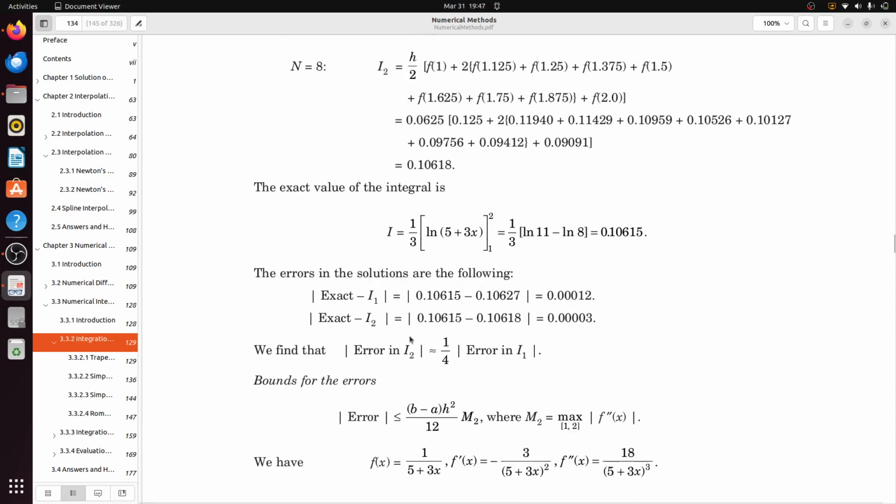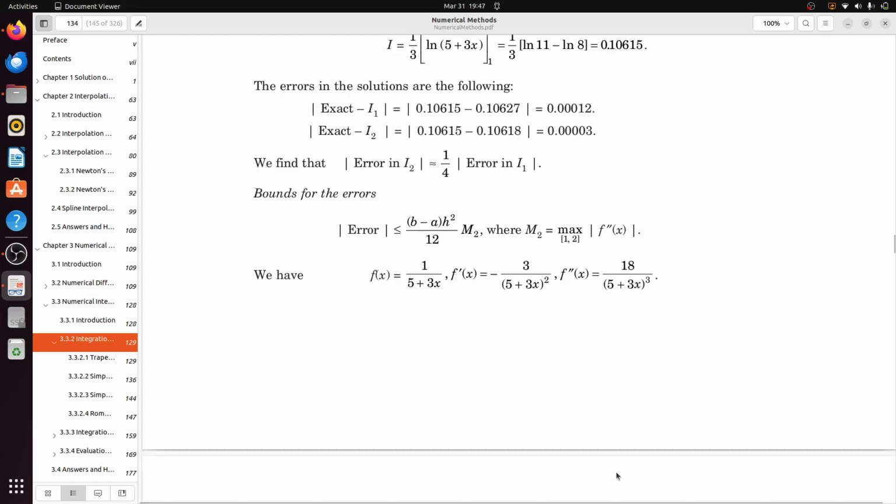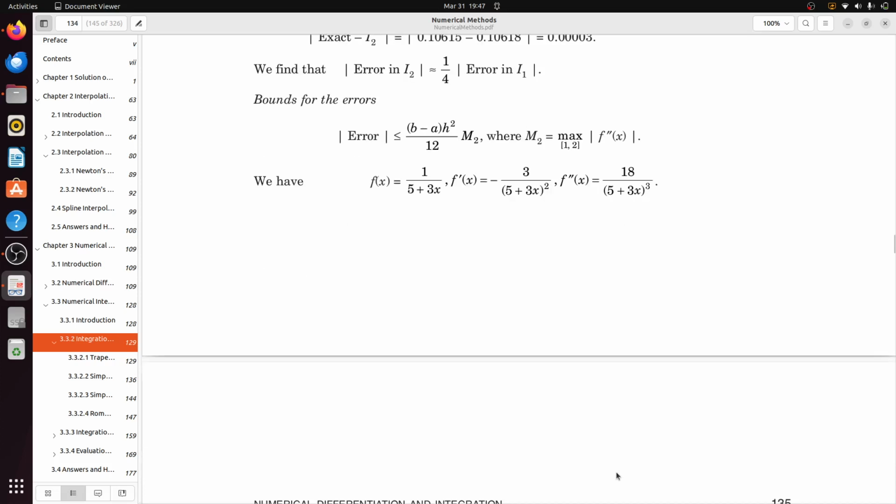Now the error bound will be b minus a into h square divided by 12 into M2, where M2 is the max of f double prime. Now your f(x) is 1 by 5 plus 3x, f prime x is minus 3 by (5 plus 3x) whole square, and similarly f double prime x will be 18 by (5 plus 3x) whole cube.